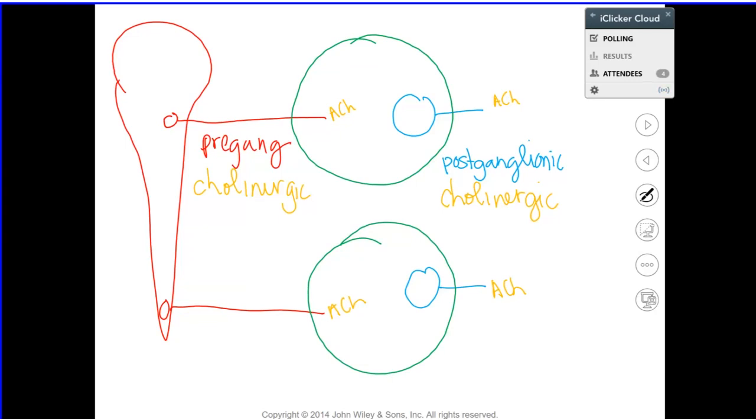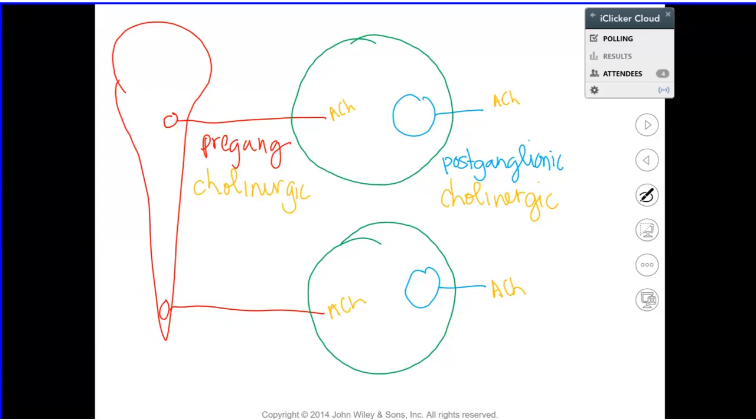At this point, we've only called them ganglion. But if doctors are working on your body or trying to target something, they need to be more specific. If you just say ganglion, you're referring to everything from head to toe. So every ganglion is going to have very specific names.